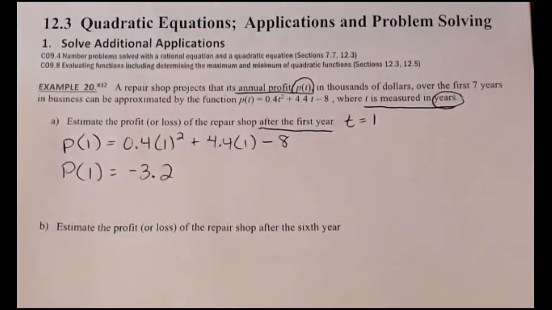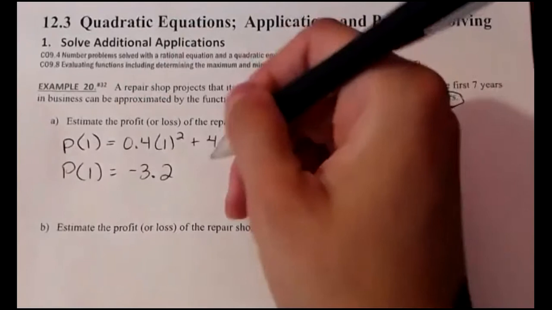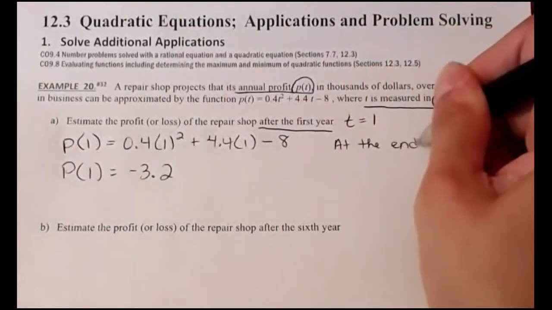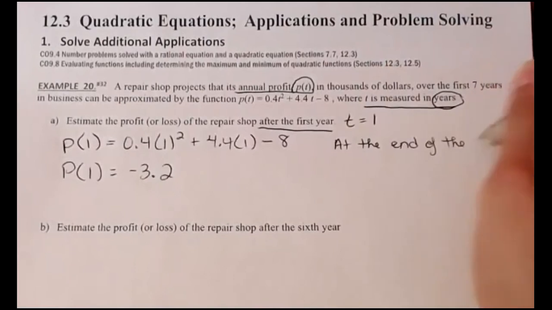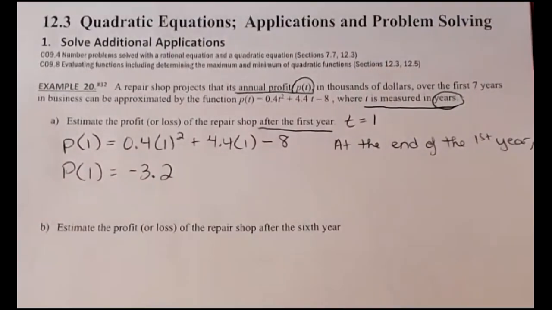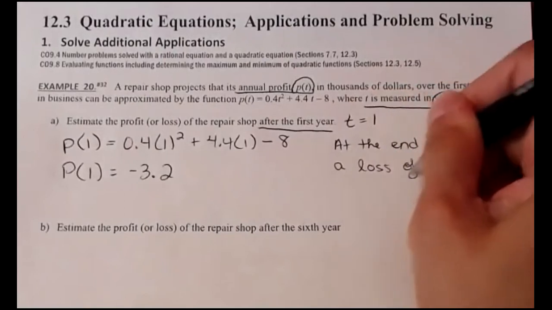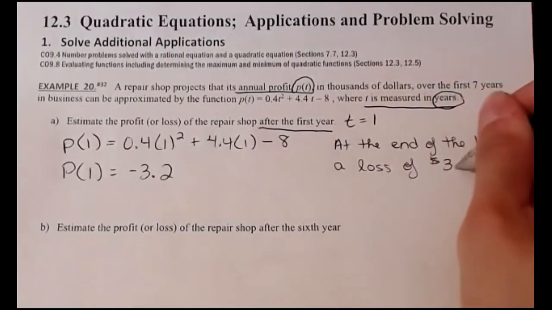What this means is that at the end of the first year, a loss of 3.2.